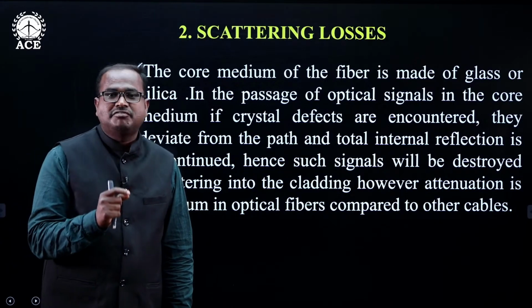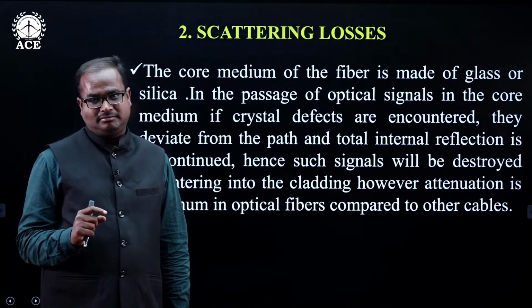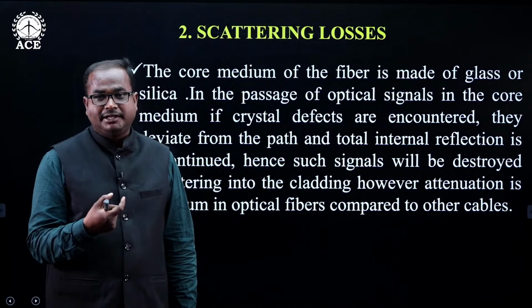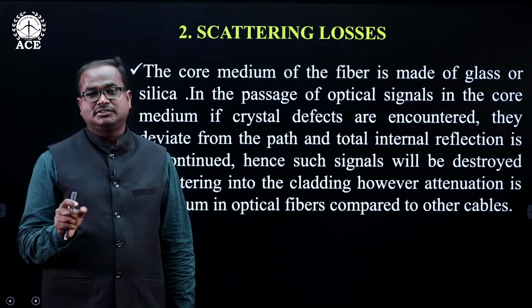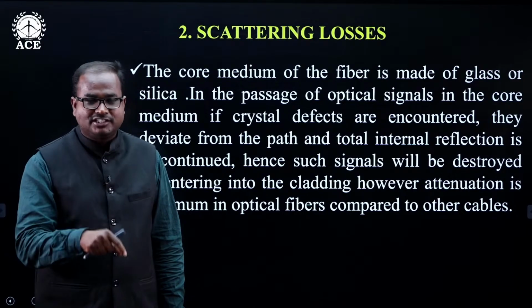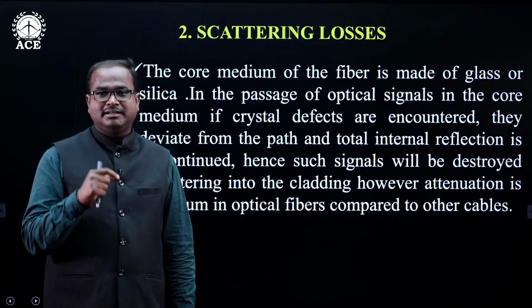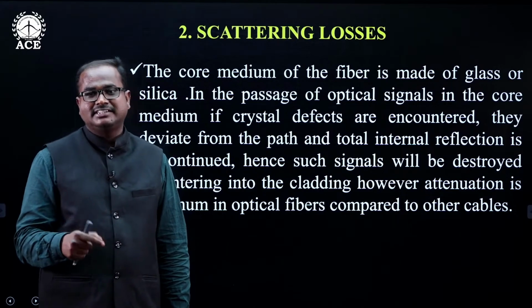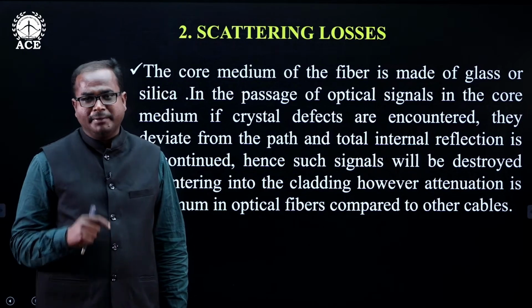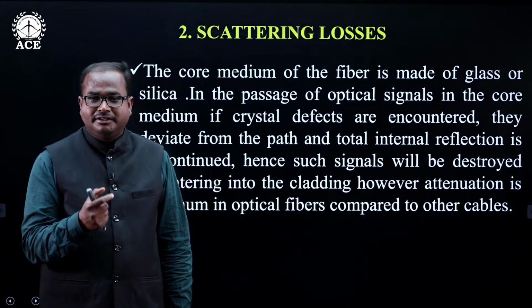If such types of defects are present in the core material, because the core material is made up of glass material, in the regular arrangement of atoms sometimes there may be a chance of missing atoms or extra atoms. These missing atoms or extra atoms are also considered defects.